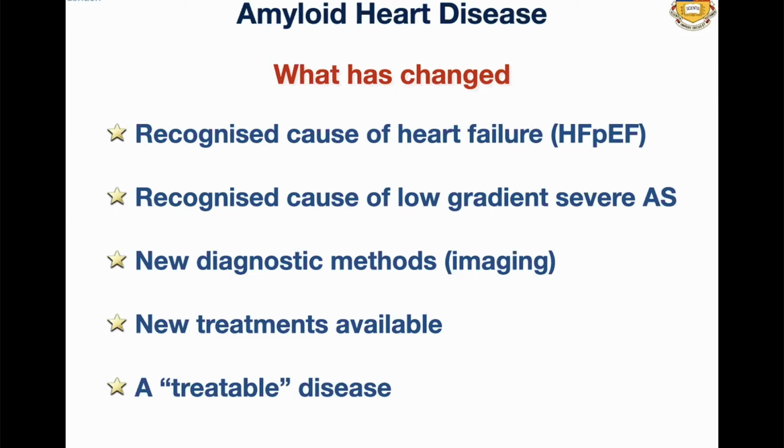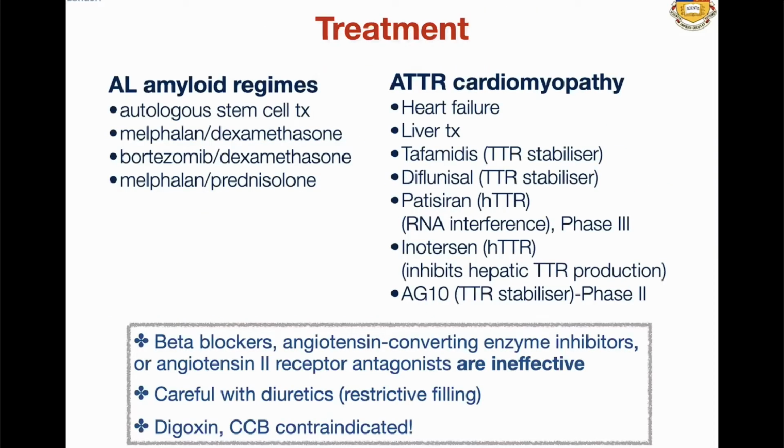Now, coming to the treatment, there are two different treatment strategies in the two forms of amyloid. In AL amyloid, on the left, we have autologous stem cell transplantation. We have expensive drugs like bortezomib and combinations of steroids, of dexamethasone.